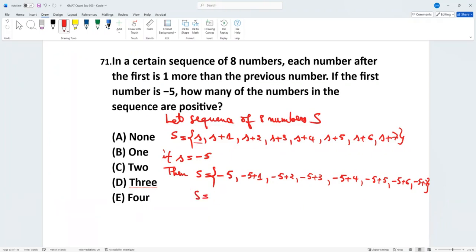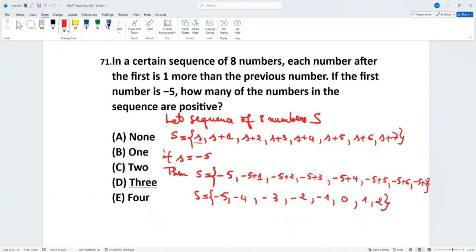And this is going to give us -5, -4, -3, -2, -1, 0, 1, 2.